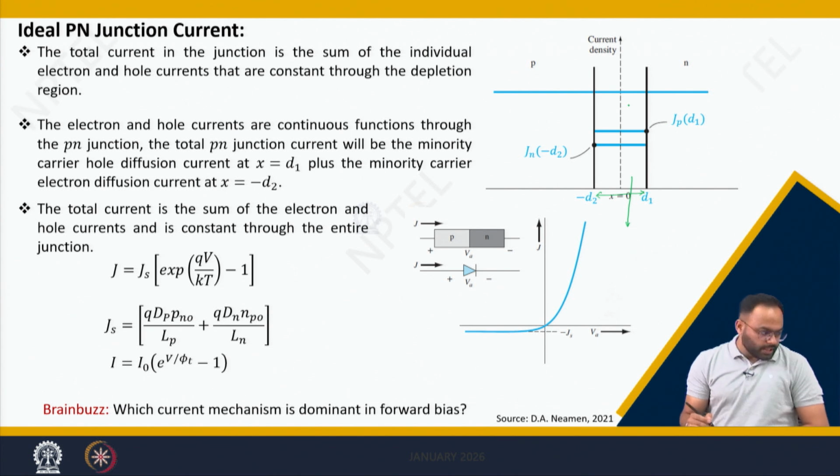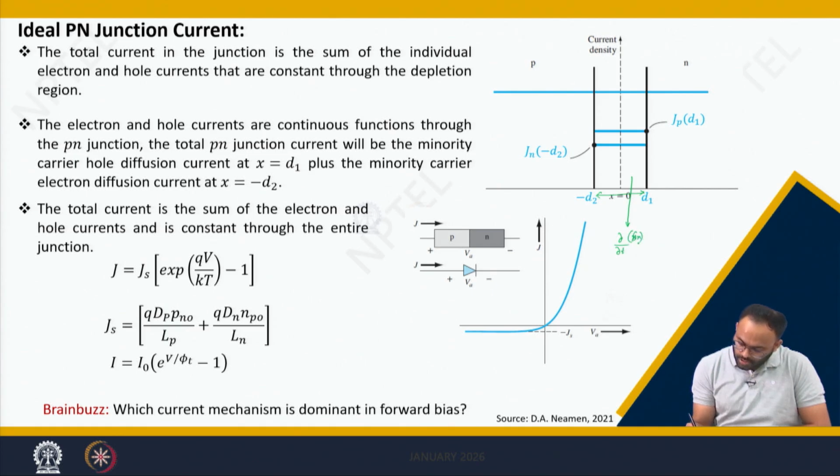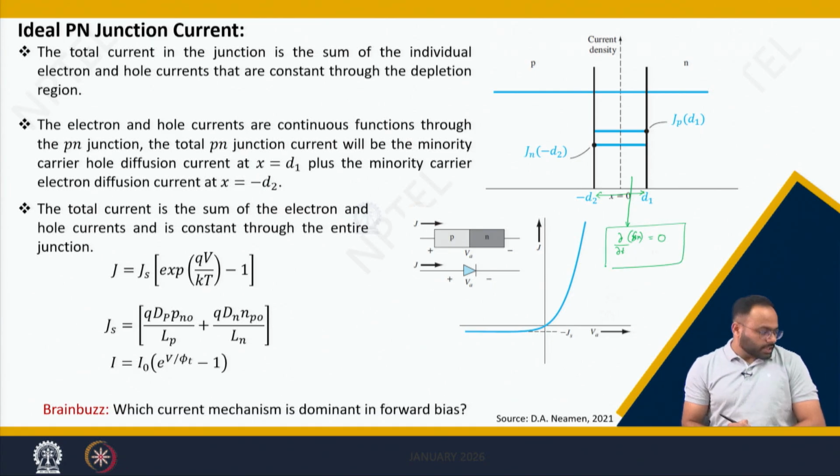Second, we are considering that the excess carriers under steady state will be zero at the far ends. By using such equations, we need to solve the continuity equation to find the diode current equation.